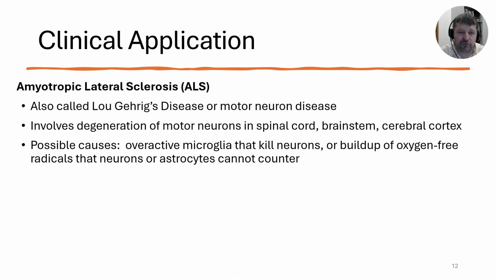And your counterbalances, like your astrocytes, don't have the capability of doing anything. And especially in the central nervous system and the spinal cord, there's no real regeneration of neurons. If it was only happening in the peripheral nervous system, it's possible that you could have some connections and regeneration going on. But in this case, there's really no regeneration, and the spinal cord and brainstem starts to degenerate and die.